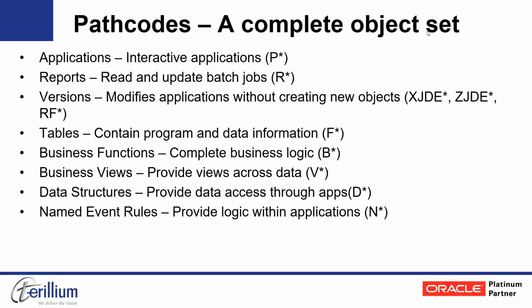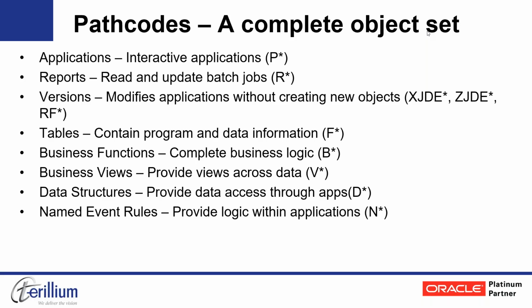We have our reports and our versions, which modify the applications and reports to make them work differently for you without having to rewrite all of that code. The tables contain not only your data set, but also the programs. So the actual applications, reports, and versions sit within the tables, just like your user data does.